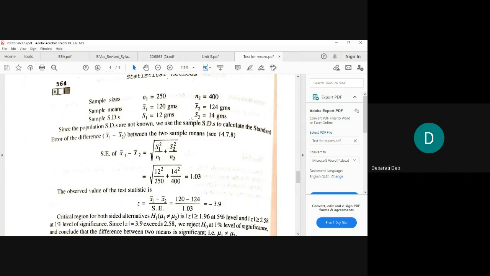of the difference, standard error of the difference X1 bar minus X2 bar.